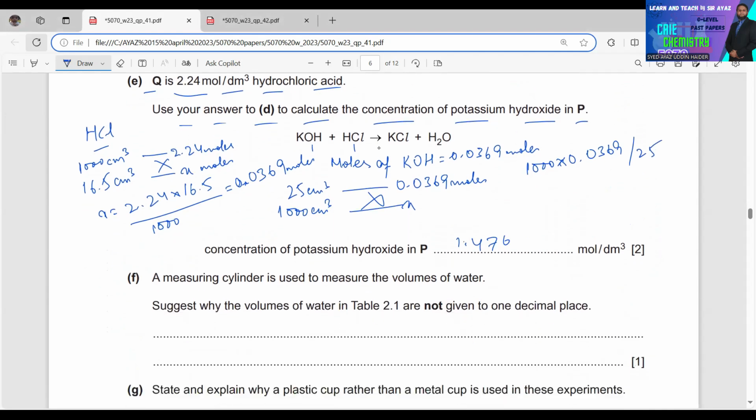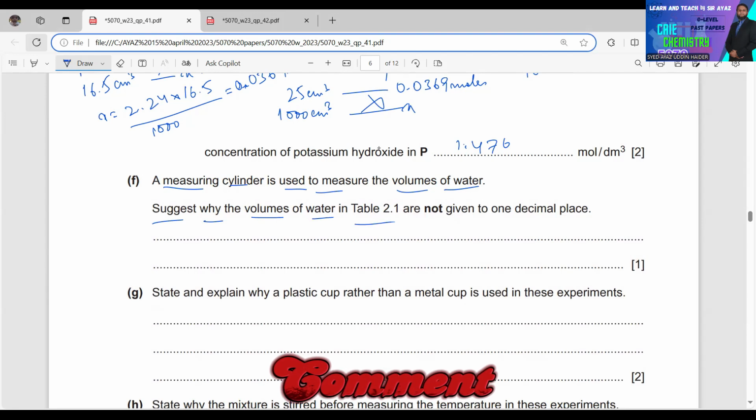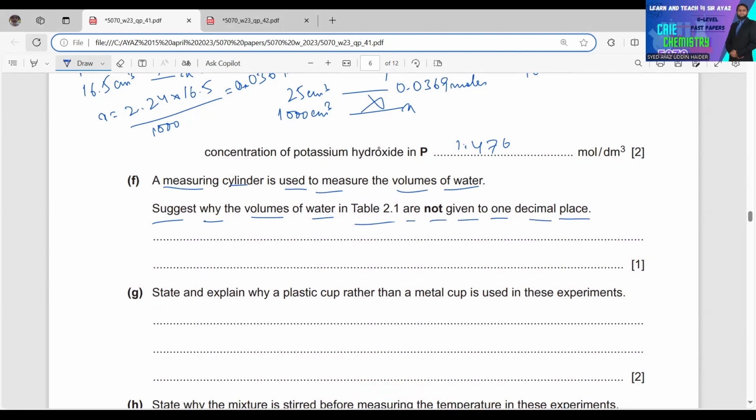Okay, moving to next part. Part F. A measuring cylinder is used to measure the volumes of water. Suggest why the volumes of water in table 2.1 are not given to 1 decimal place.